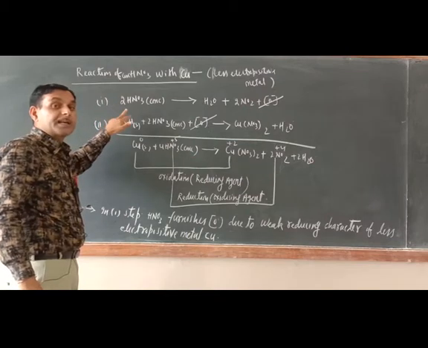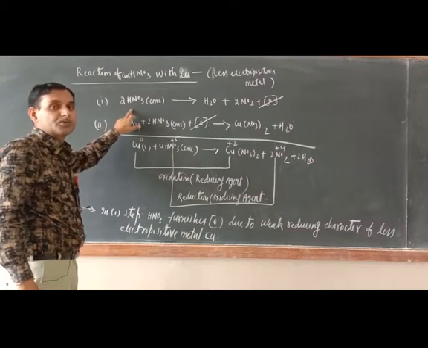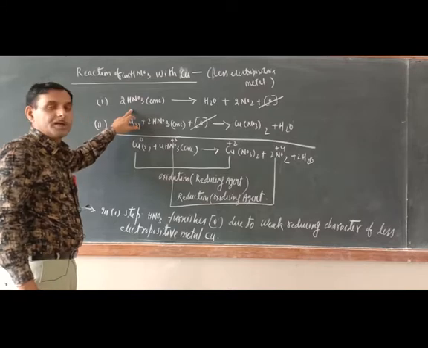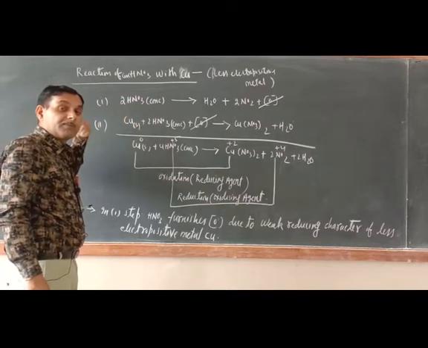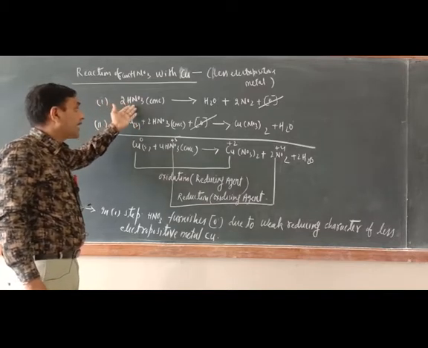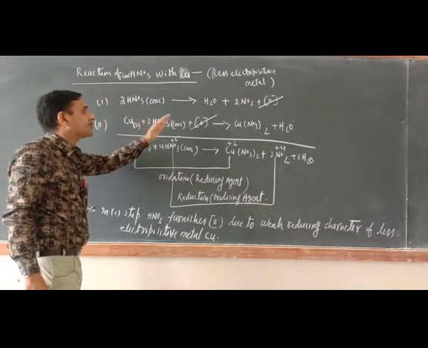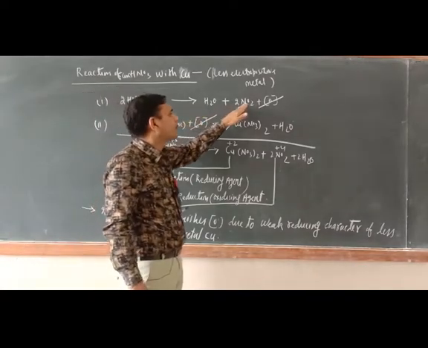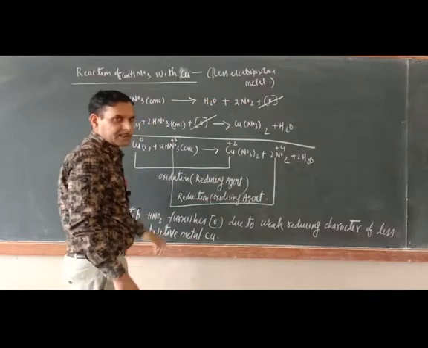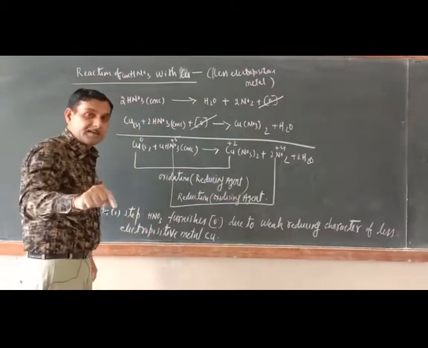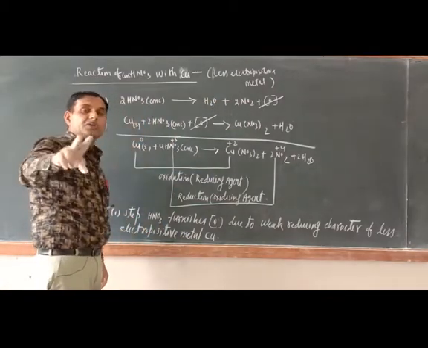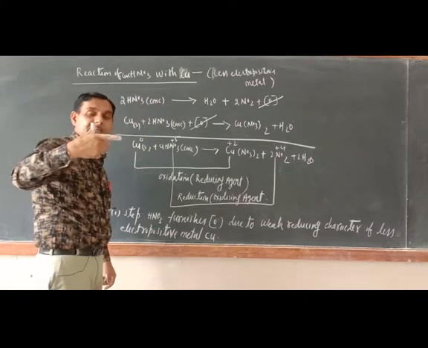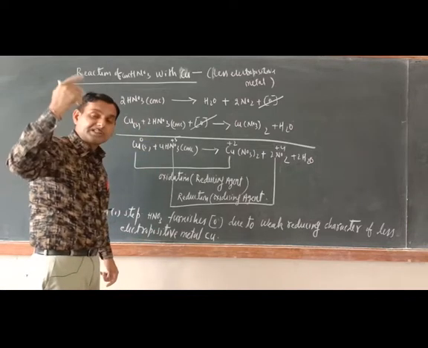Zinc was reacting with concentrate HNO3. Here, in the first step, concentrate HNO3 itself dissociates into H2O, 2NO2 and nascent oxygen. Meaning in the first step, HNO3 is expressing itself as an oxidizing agent.